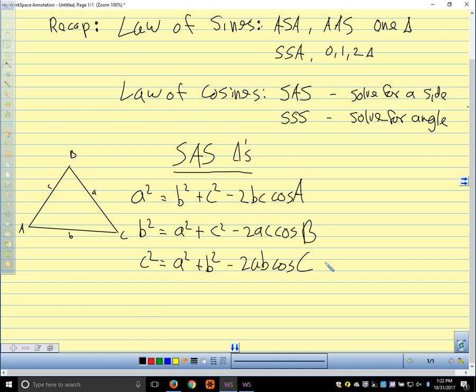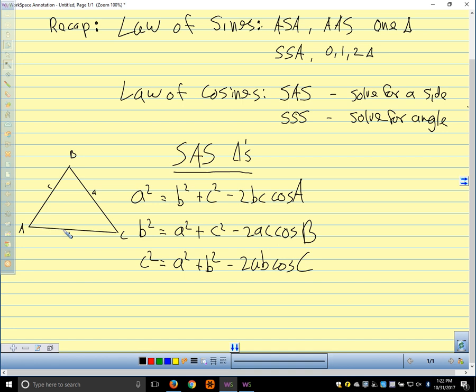So if there's a 90-degree angle in the triangle, law of cosines becomes the Pythagorean theorem. So the law of cosines is a generalization of the Pythagorean theorem. And it actually comes from using the Pythagorean theorem and a little bit of trigonometry. Just like we did before, we divide this into a right triangle and use the Pythagorean theorem and some trigonometry.